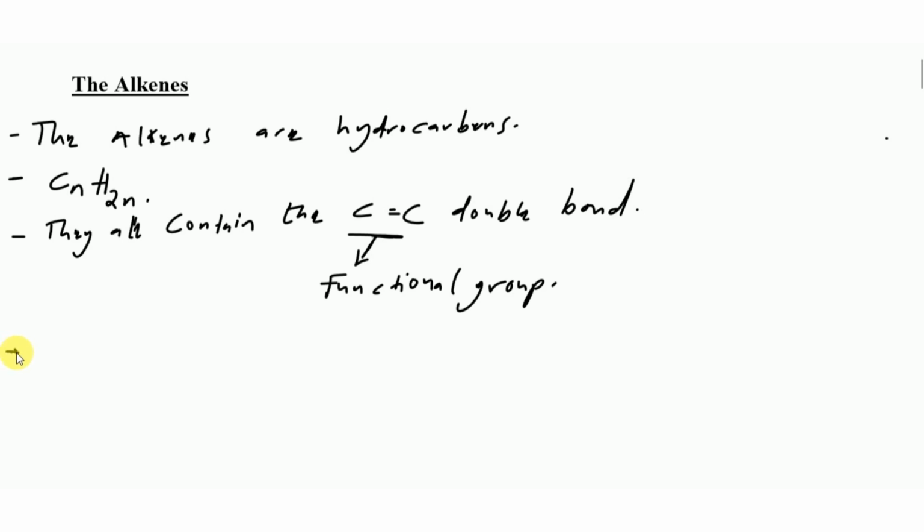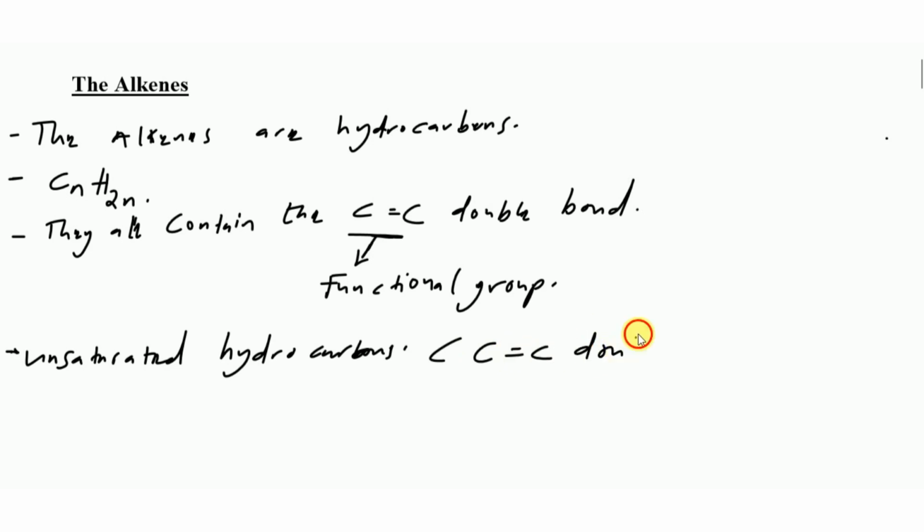Then the other thing that you must know about the alkenes is that since they contain a carbon-carbon double bond, that means that they are unsaturated hydrocarbons. The reason why they are unsaturated hydrocarbons is because they are formed of a carbon-carbon double bond.